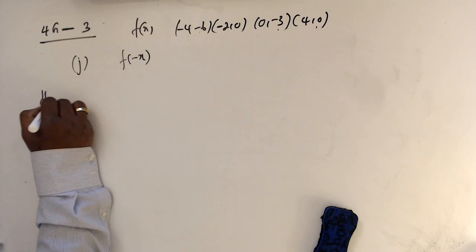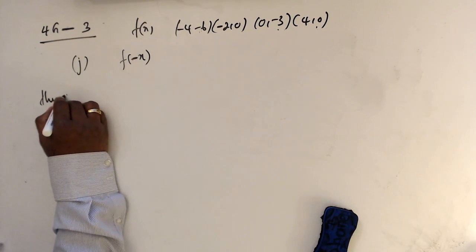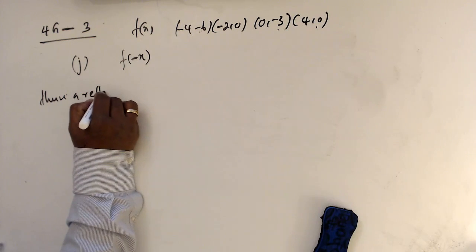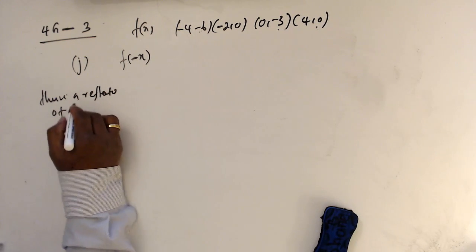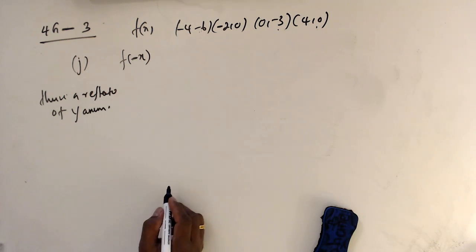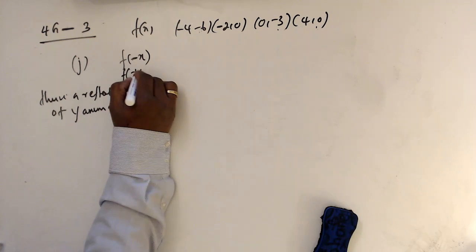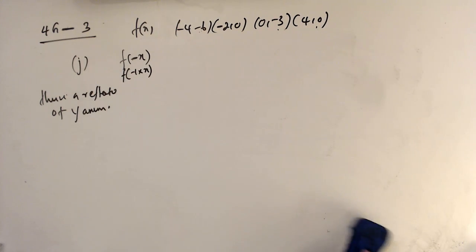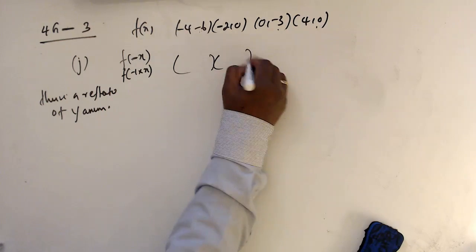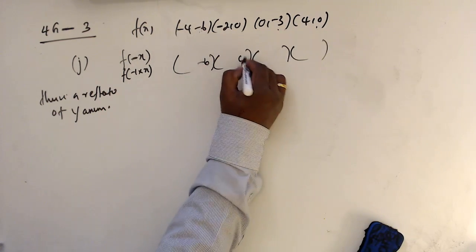Now this is f of minus x. This is a reflection in the y-axis, or this is f of -1 times x, simply dividing all the x values by -1, not the y values.